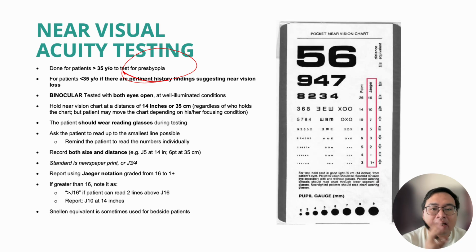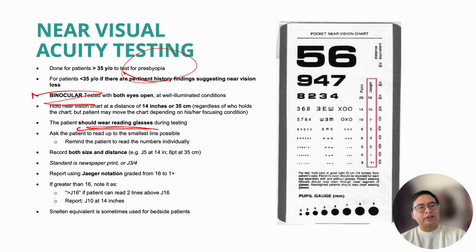Okay? Unlike distance visual acuity testing, near visual acuity testing is done binocular, meaning both eyes are open. Okay? And also, the patient should be wearing their reading glasses if they need it. So how do you do it? You ask the patient to hold the chart 14 inches or 35 centimeters away from them. And you record both the size and the distance.